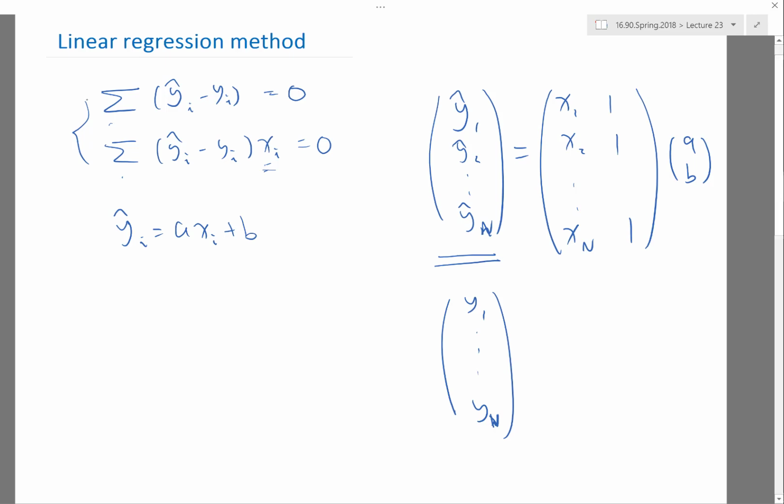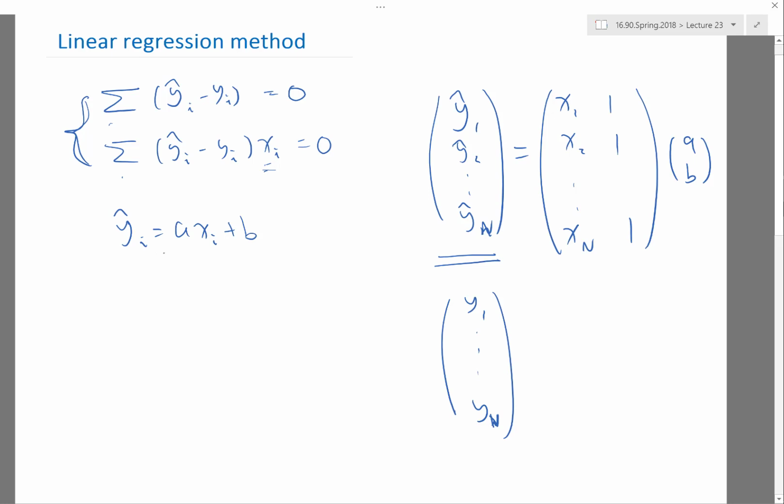So the task is how can I write these two equations in the Ax equal to b form? Actually, a matrix times a and b equal to a right-hand side form. Because you're multiplying by x_i, it should be x1 squared, and then in the other one you would have x1, and then x2 squared.